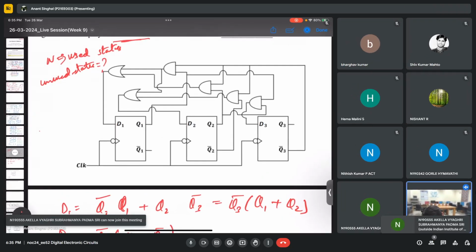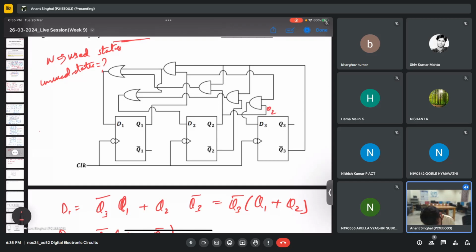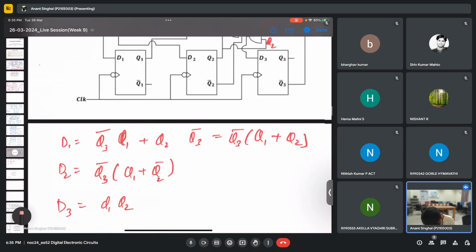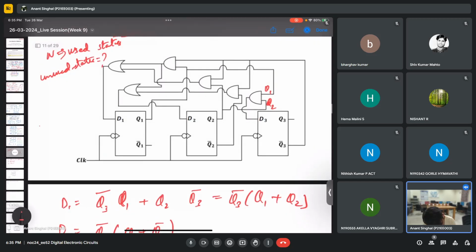So here I have a Q2. Here I have, what is this thing? This thing is Q1. Okay, so D3 is for sure Q1, Q2. So this is correct. Then I have this is Q2 bar and this is Q3 bar.